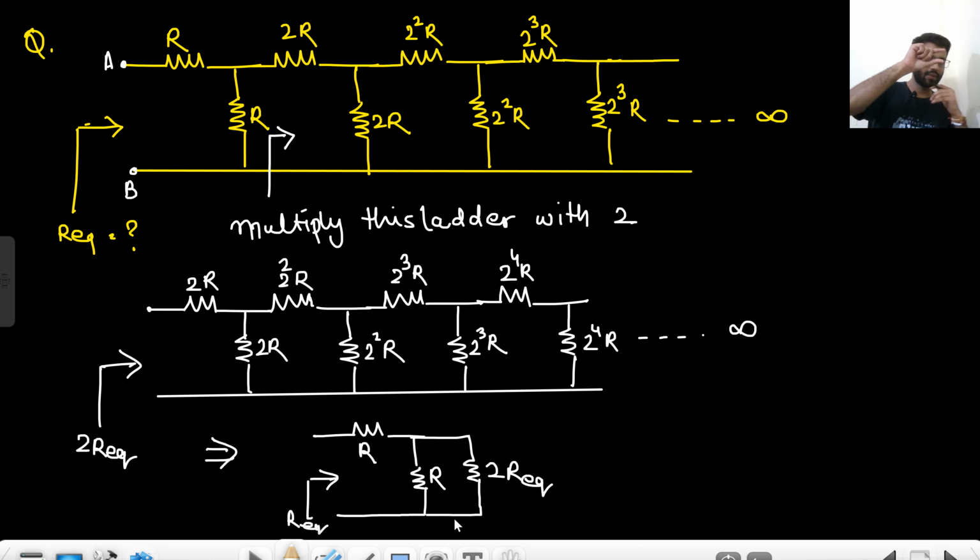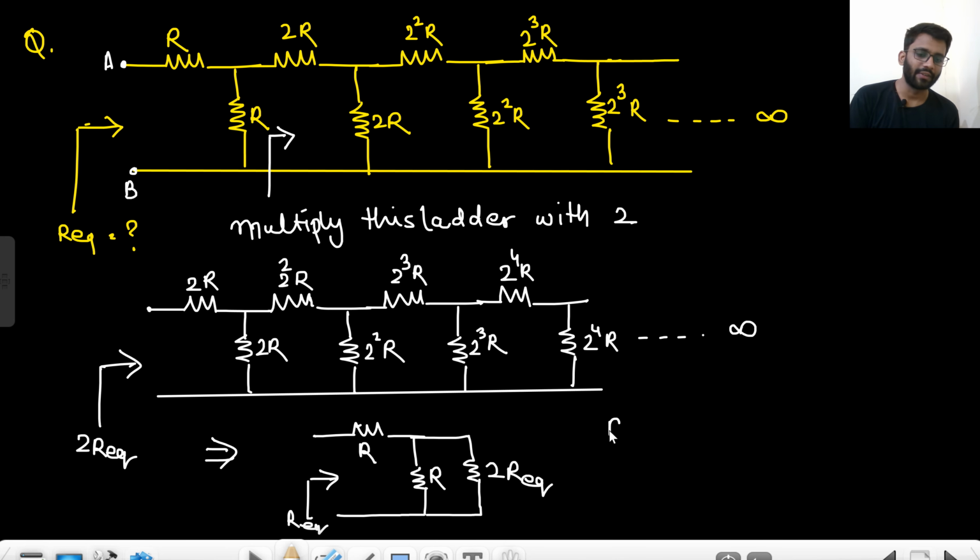This was R, this was R and R, and after that this is 2R equivalent only, because if we multiply it with the factor of 2, it will become like this. And if it is becoming like this, that means from here we can see 2R equivalent.